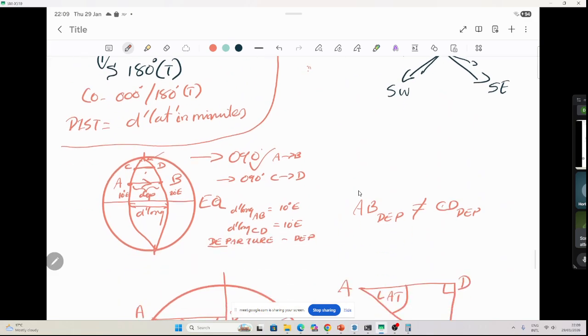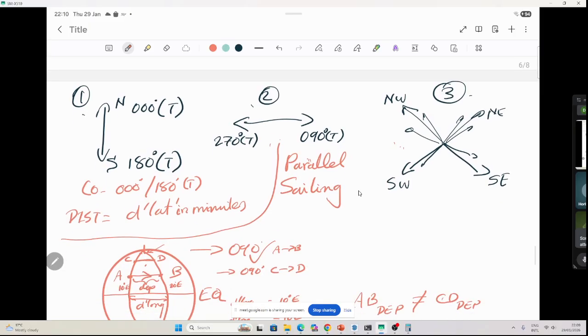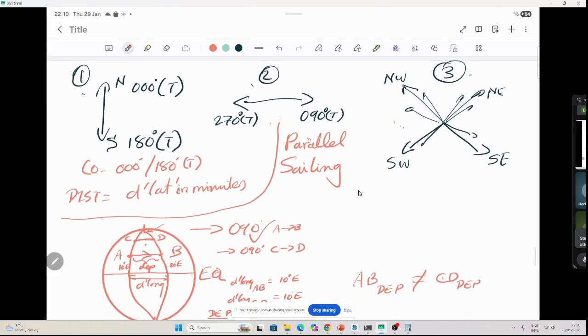Since you are moving along the parallels of latitude, we call this sailing type as what? Parallel sailing. දැන් තේරුණාද ඇයි ඒකට parallel sailing කියන්නේ? Okay, this is why it is called parallel sailing.